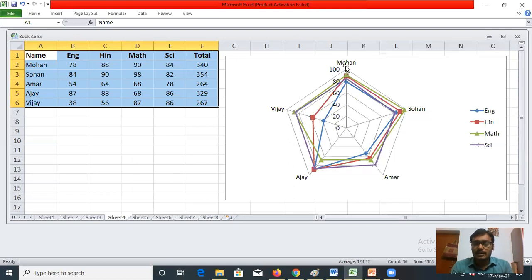This axis is the marks of Mohan, in this direction the marks of Vijay, and in this direction the marks of Ajay, and so on. Different colors denote different subjects. So in this chart, you can do the comparison of all the values with this central point, as all the values are related to it.